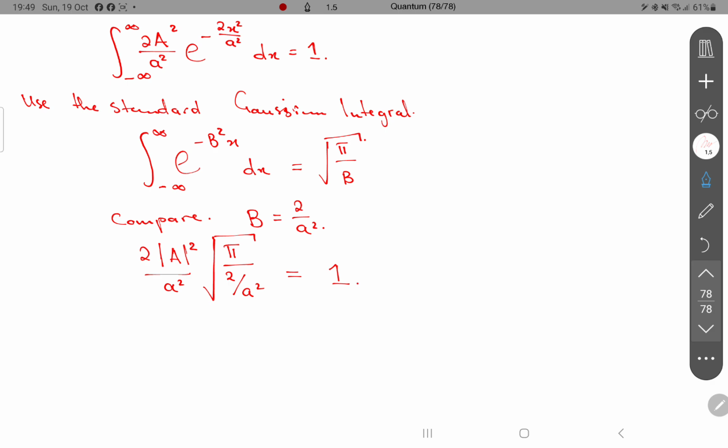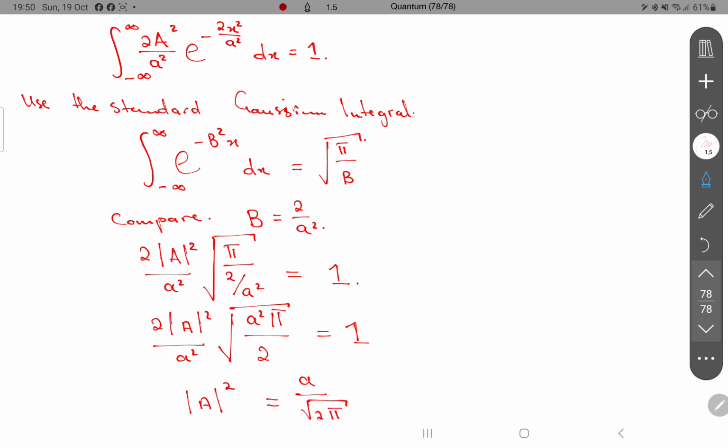So everything now is going to be mathematics. It's not going to be a problem. 2 times the modulus of a squared over a squared, the square root of a squared pi all over 2 here is equivalent to 1. So therefore, the a squared will be equal to a over the square root of 2 pi in symbol notation.